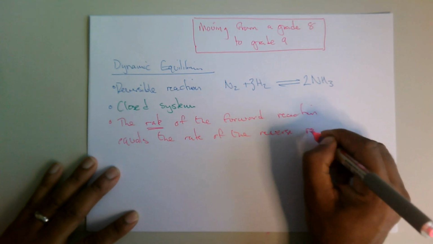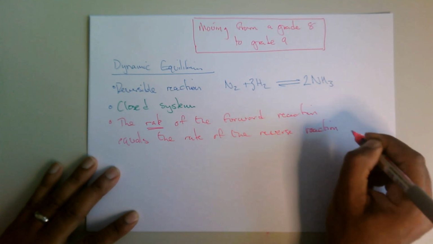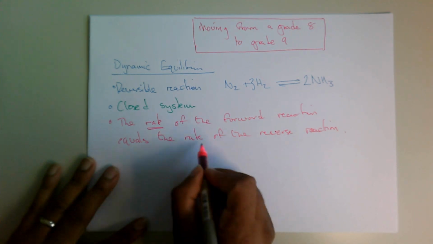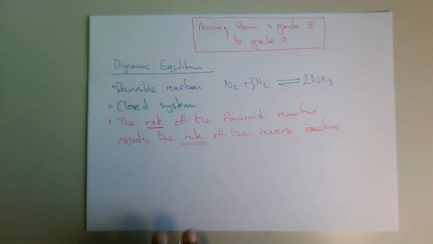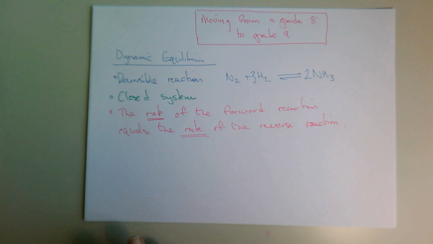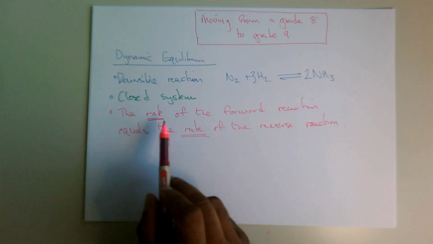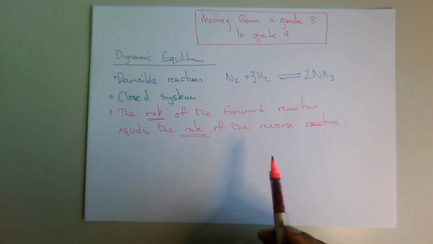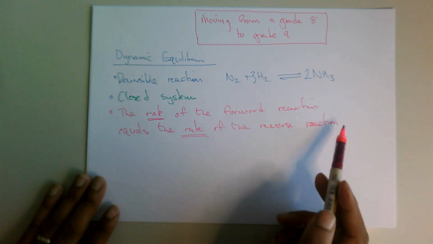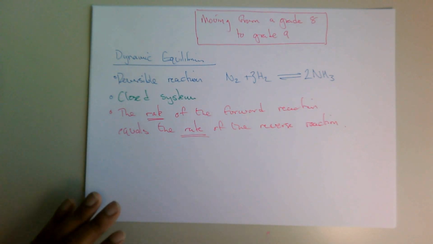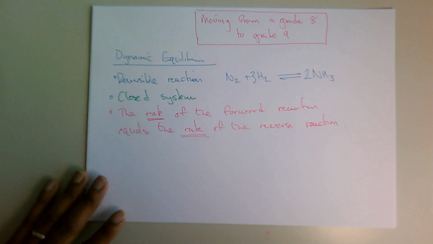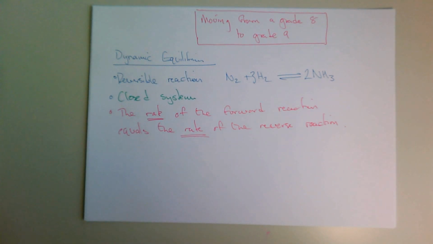So that's a really important definition. You have to remember to include the word rate. You can't just say the forward reaction equals the reverse reaction. It's the rate of the forward reaction equals the rate of the reverse reaction. So those 3 bits of information make the reaction reach dynamic equilibrium.